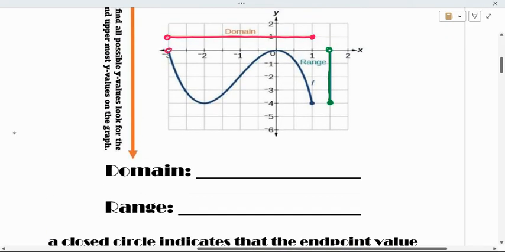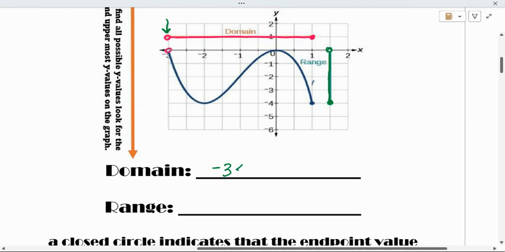So what is the smallest number in our domain? It's -3. Look at my red line that I just drew. It's -3, and it's got an open circle.